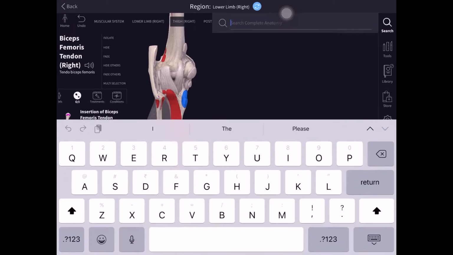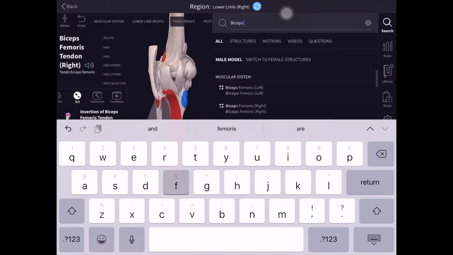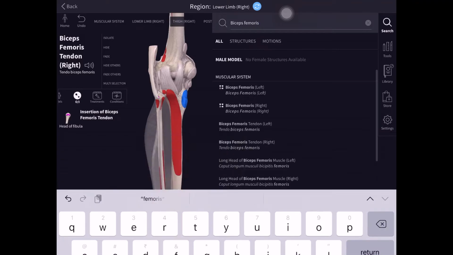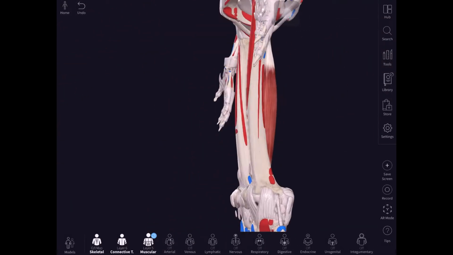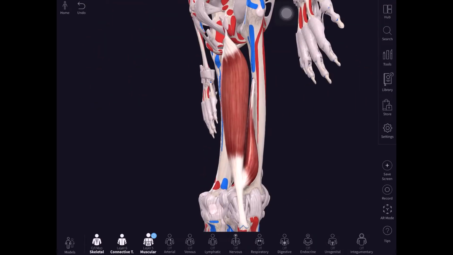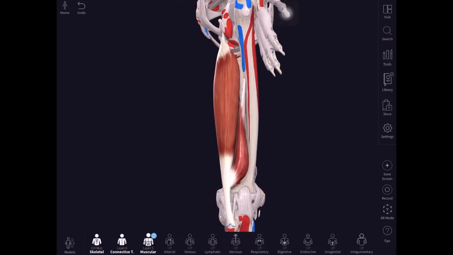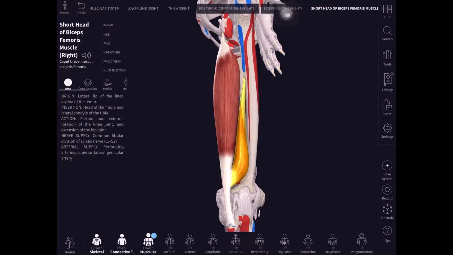If you are interested to see the entire muscle, let us see biceps femoris. Yes, we got the muscle now. If you notice here, this is the long head of biceps femoris from the ischial tuberosity above, and there is a short head from the linea aspera, from the back of the femur.